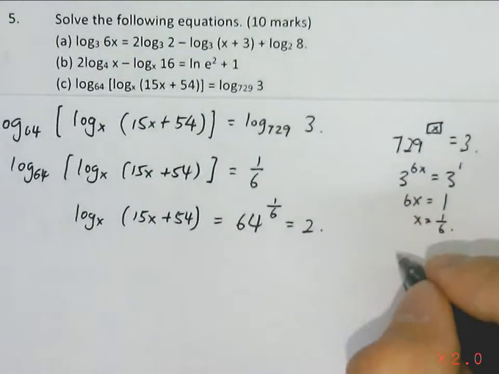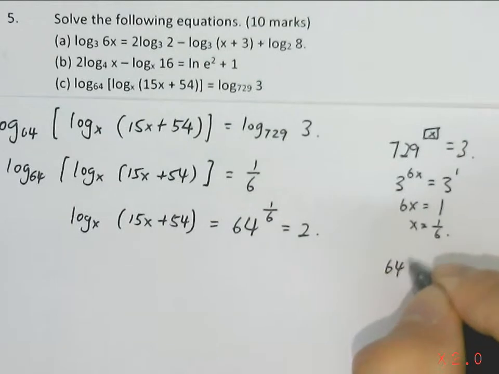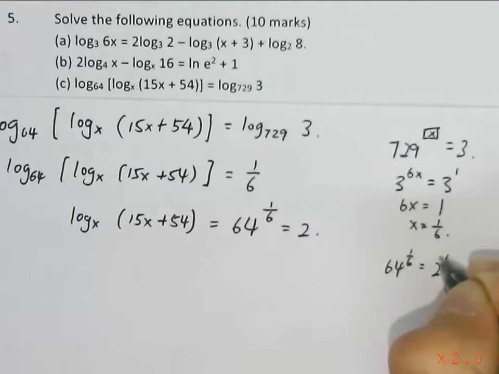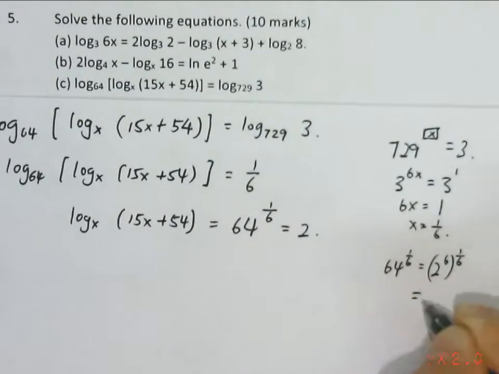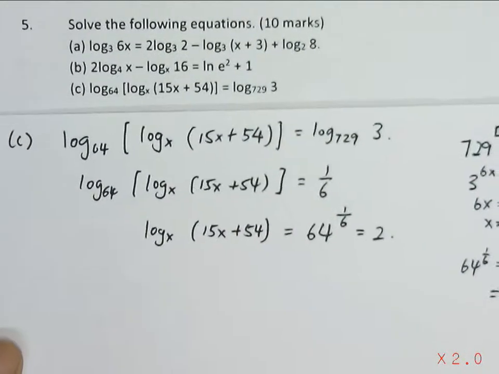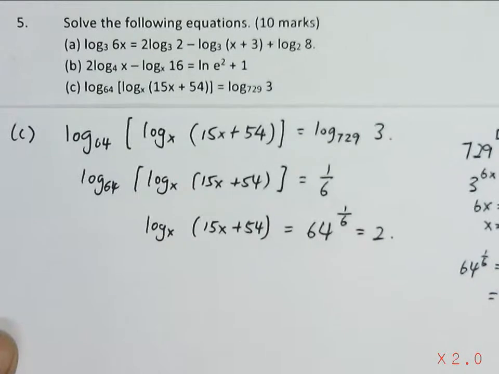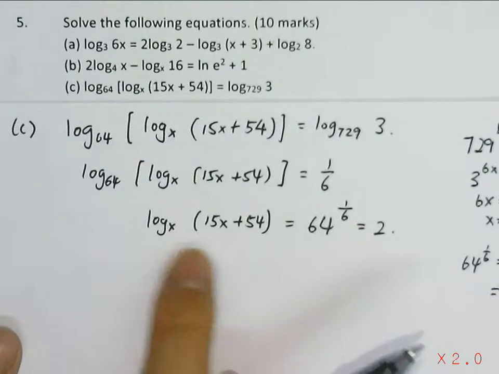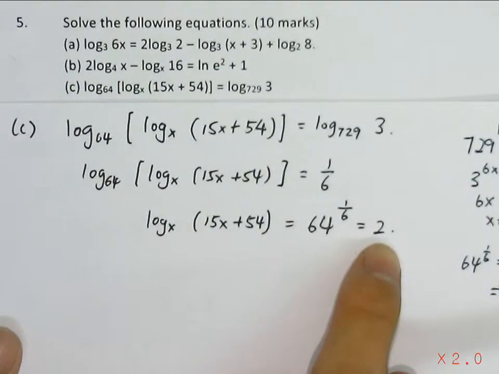Right, because 64 can also be expressed as 2 to the power 6, so times 1/6. This in this law will tell us this is power 1. So this logarithmic term would be 2.